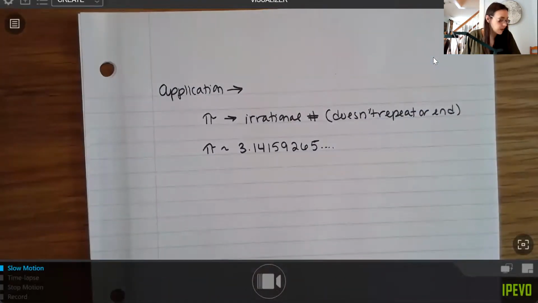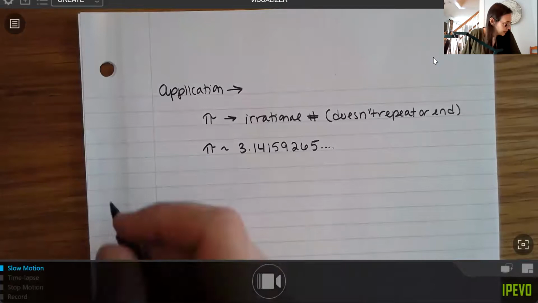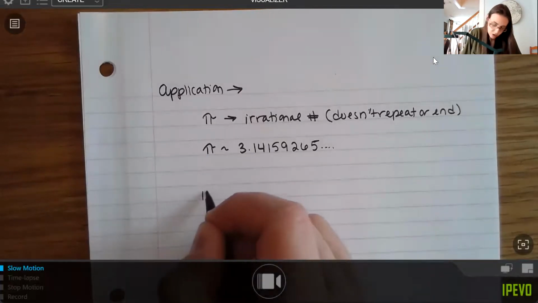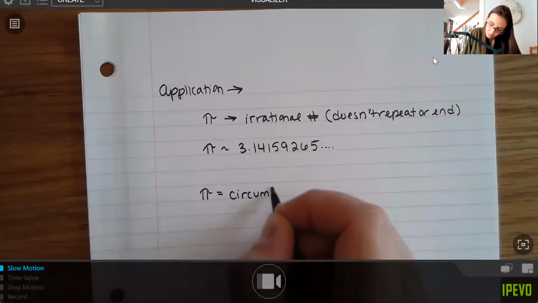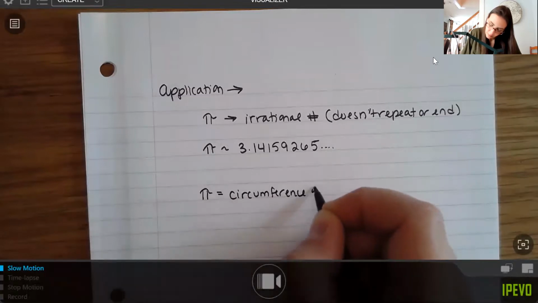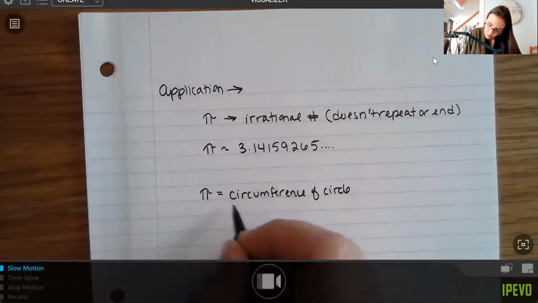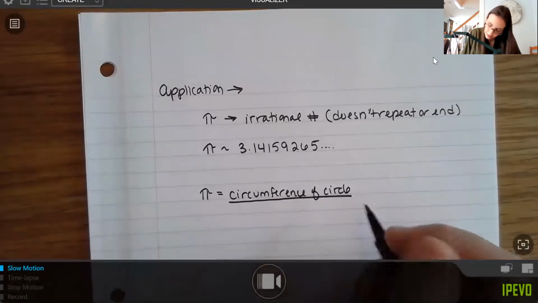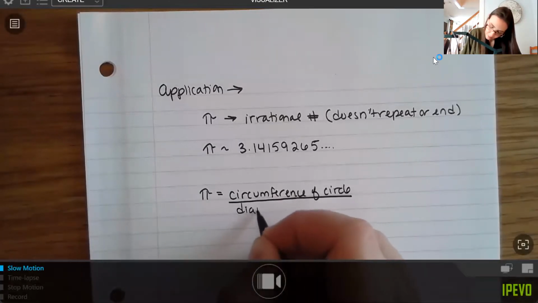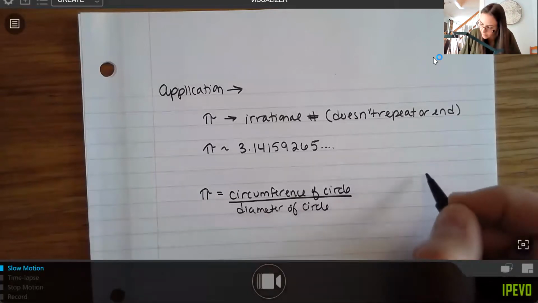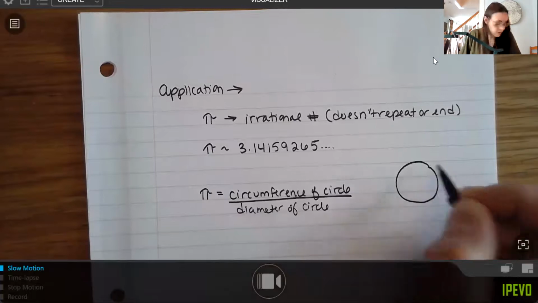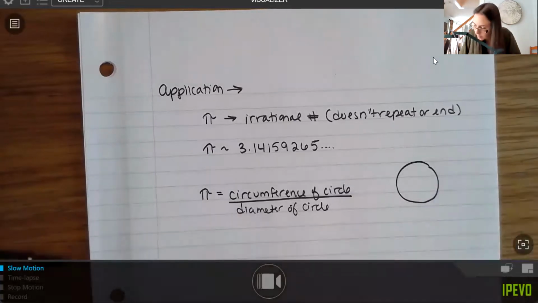And we use it a lot with circles. So for instance, pi is actually equal to the circumference of a circle divided by the diameter of a circle. So here's my circle. Here is our center.